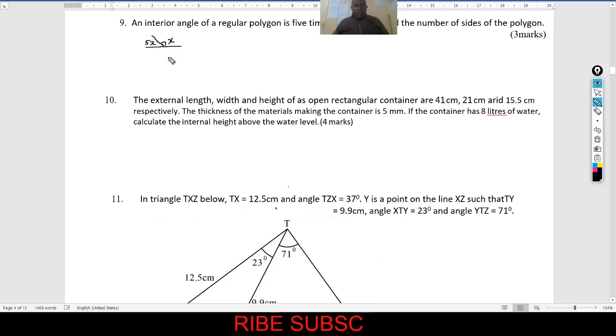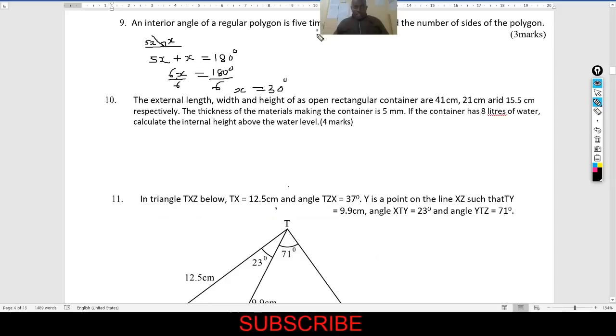We know that interior plus exterior equals 180. So 5x plus x gives you 180 degrees. That means 6x equals 180. We divide by 6, so that we get x equals 30 degrees.